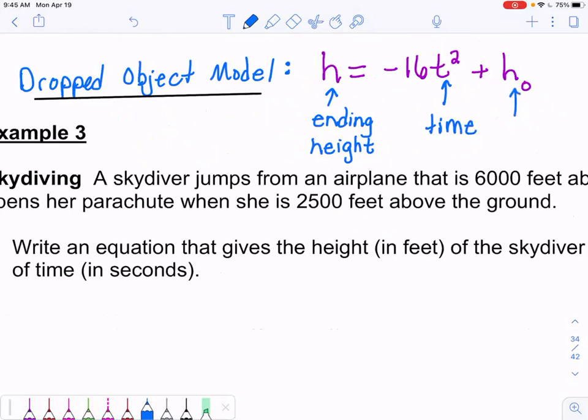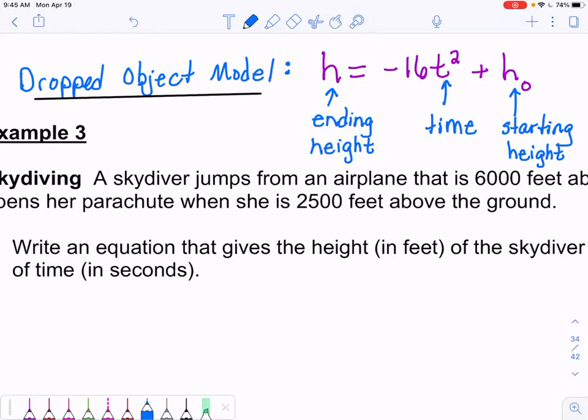And then h with the little 0 is our initial height or the starting height. So we have the ending height and the starting height. Think of the 0 as being like, where does it originate from? Its original height. So the original height is 20 feet above the ground. That's the h sub 0.